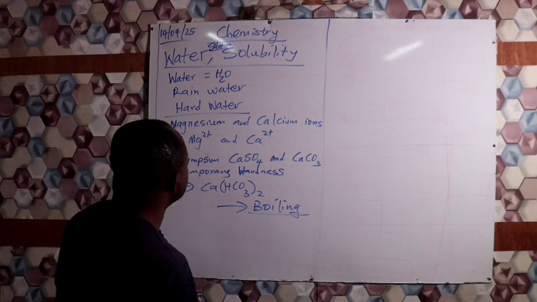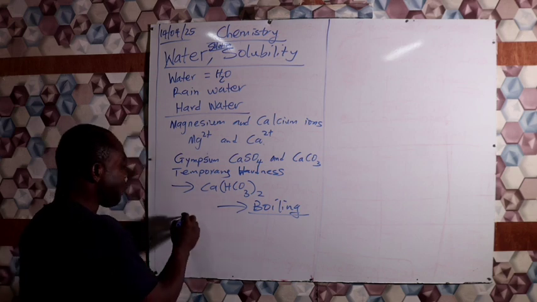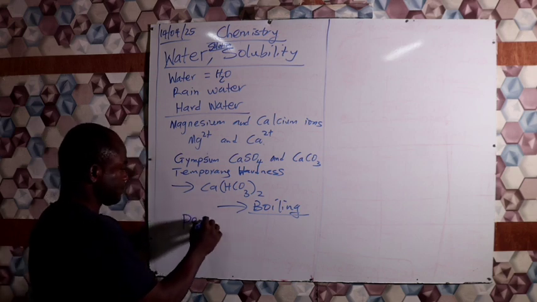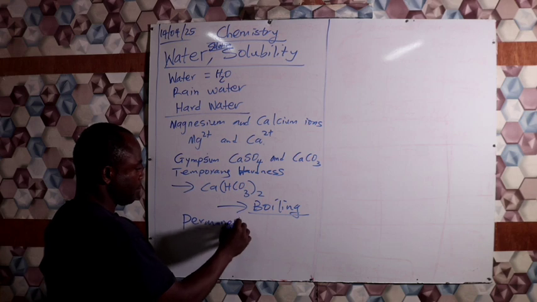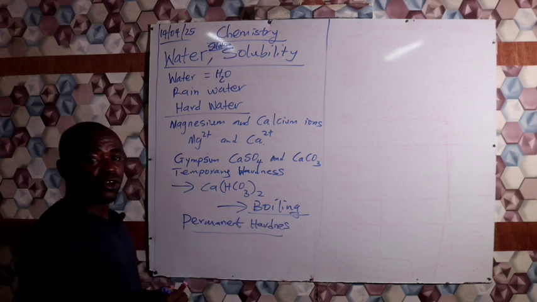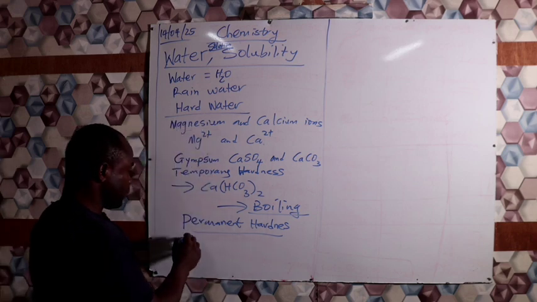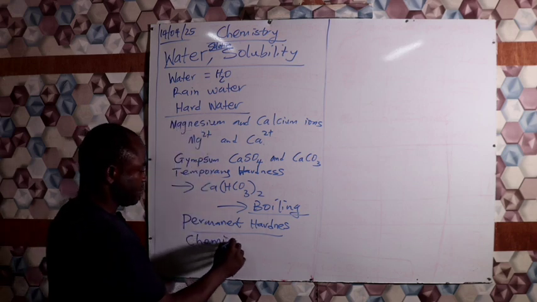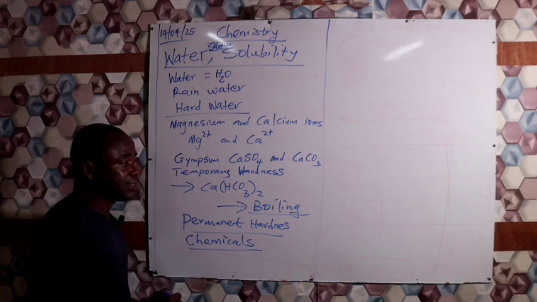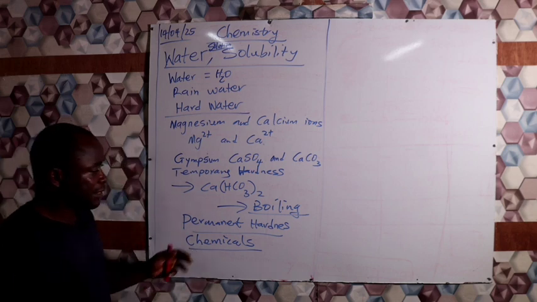Is that okay? Then apart from that, we have another one which we call permanent hardness. Permanent hardness of water can be removed using chemicals. It must be only through chemicals. Now, how do you remove permanent hardness?